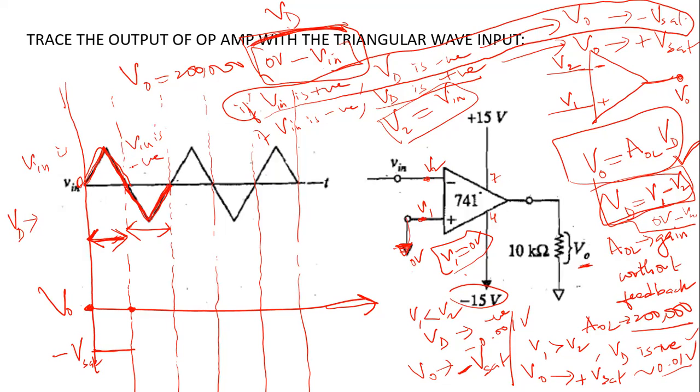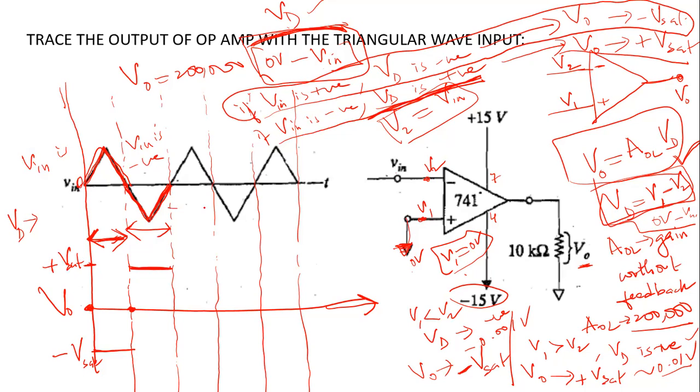Minus into minus is plus, so your VD will be positive. Vin is negative means VD is positive. If your VD is positive, output voltage will go to positive saturation. Let's say the positive saturation value is somewhere here, plus V sat. So it will go to positive saturation like this. You understand my point here?